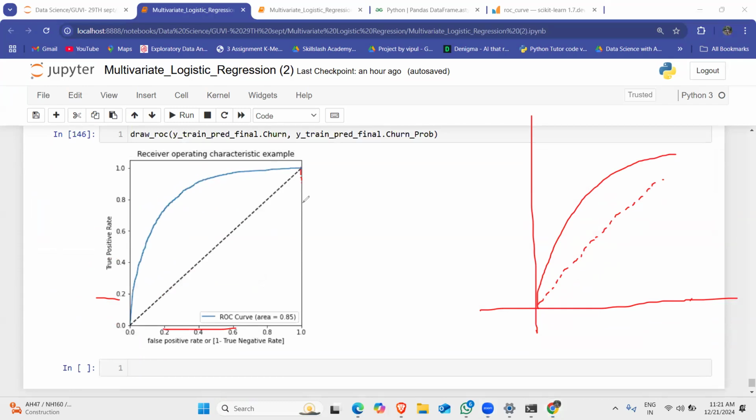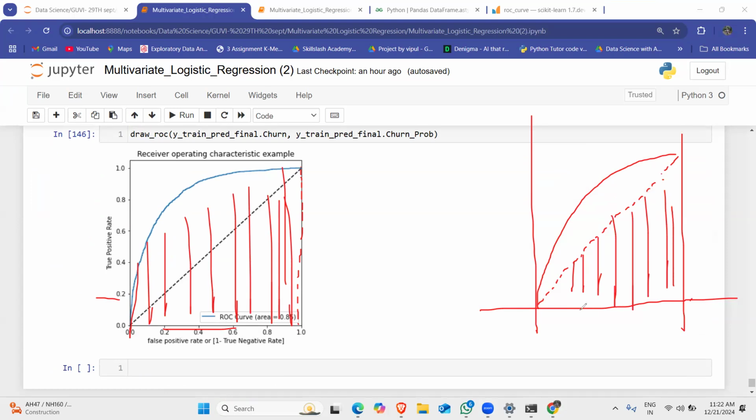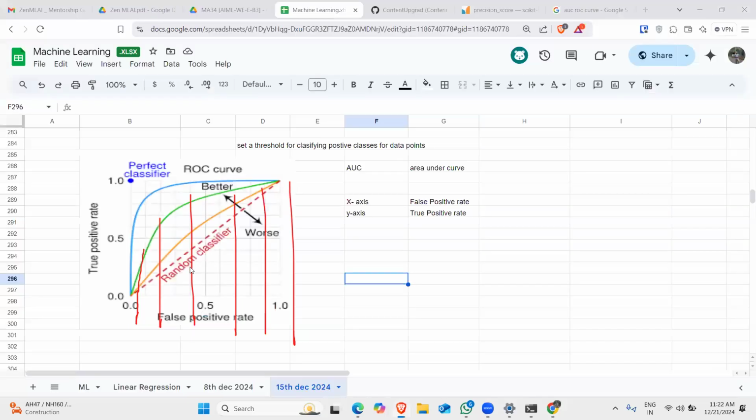In our case, in our model, our ROC curve was coming like this, and it is very good because if you calculate the area under the curve, that is this portion, ideally it should be greater than 50%. This is 50%, right? Now suppose for this curve, your area under the curve is, let's say, more than 50, let's say 60.